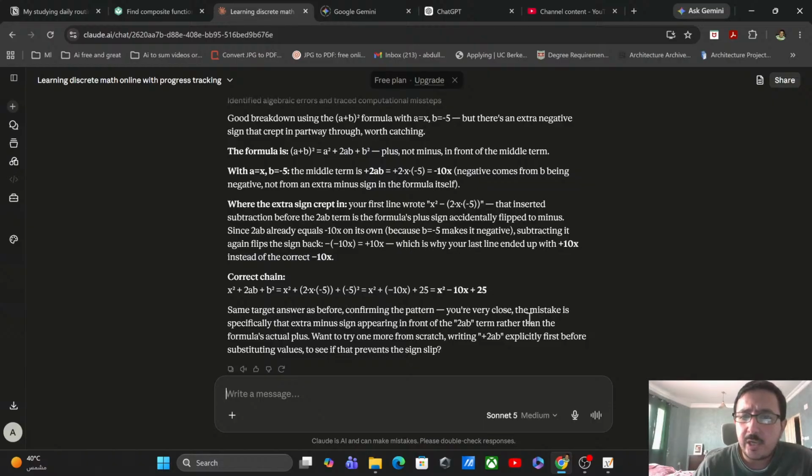You are very close. The mistake is specifically that extra minus sign appearing in front of a b term rather than the formula's plus.